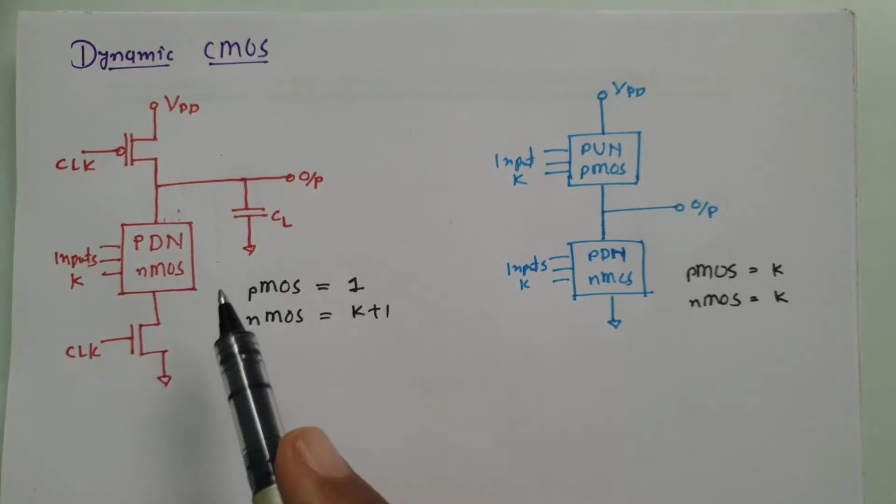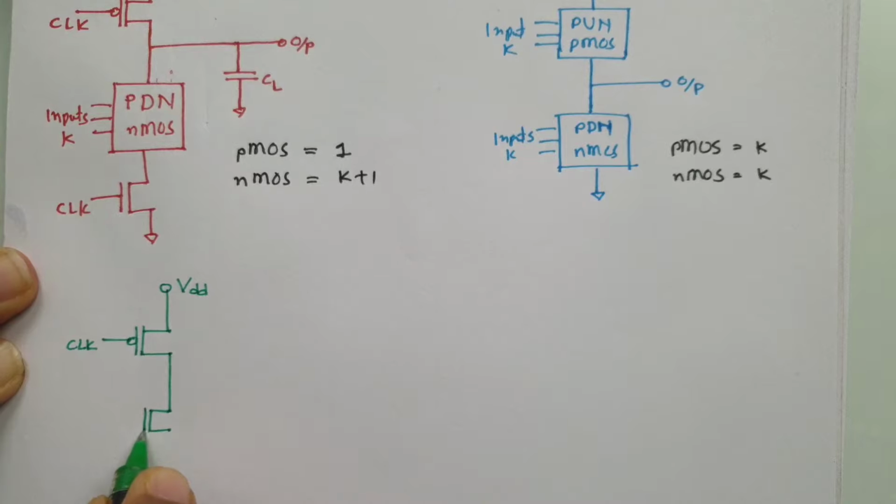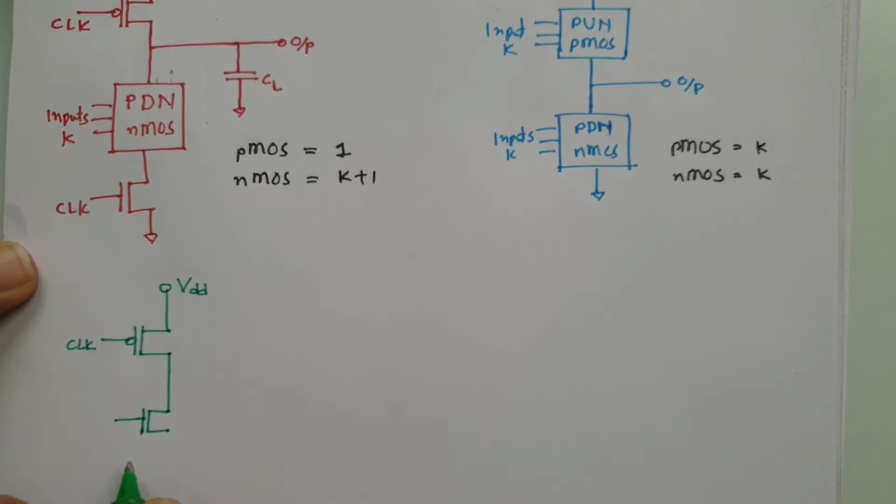Now I'll explain the Dynamic CMOS inverter, and then we will see how Dynamic CMOS functions. As we have seen in the basic structure, in the Dynamic CMOS inverter we have the VDD supply. After that the PMOS gated clock, so here we provide the clock. After that there is the pull down network, with only one NMOS for the inverter, so here we give the input.